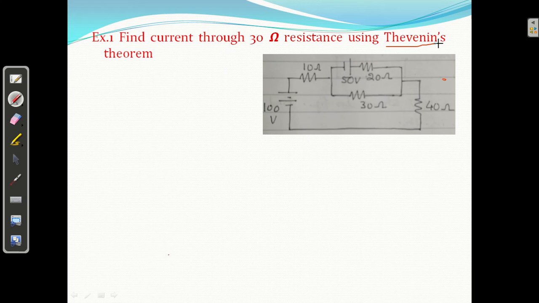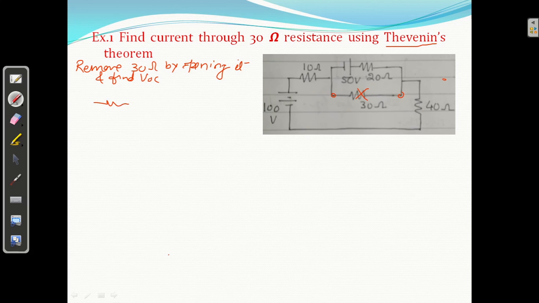So what are the steps? First step, remove the 30 ohm from here and find VOC by opening it, the open circuit voltage.